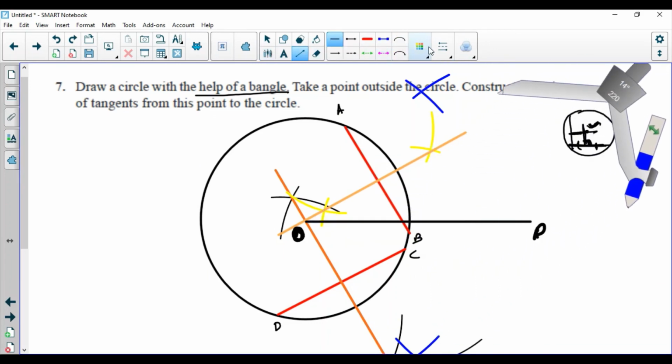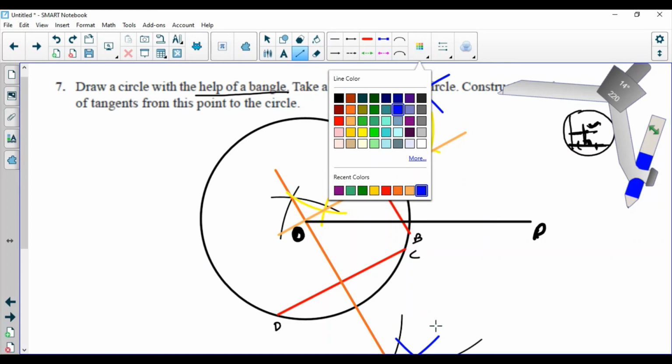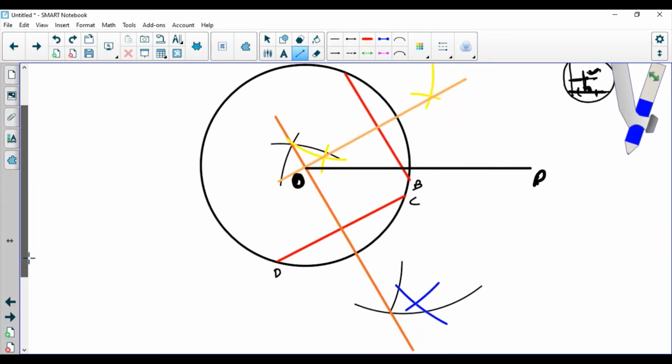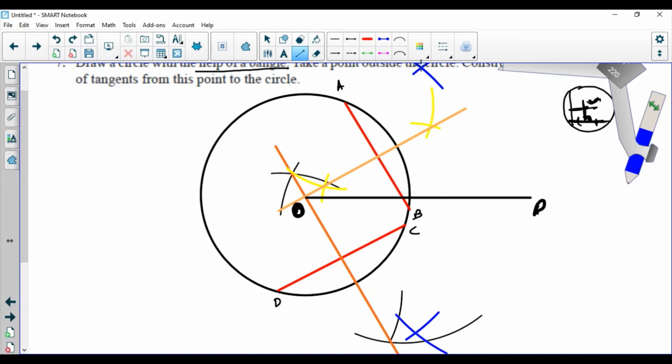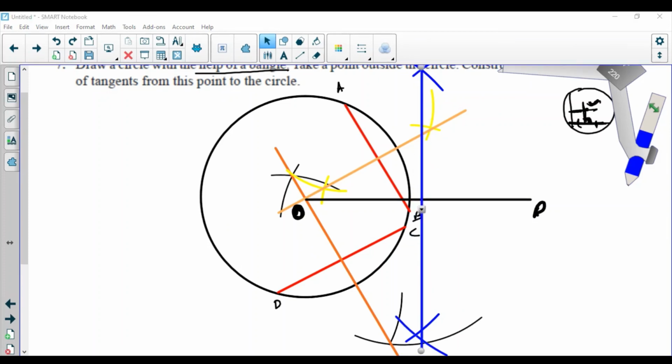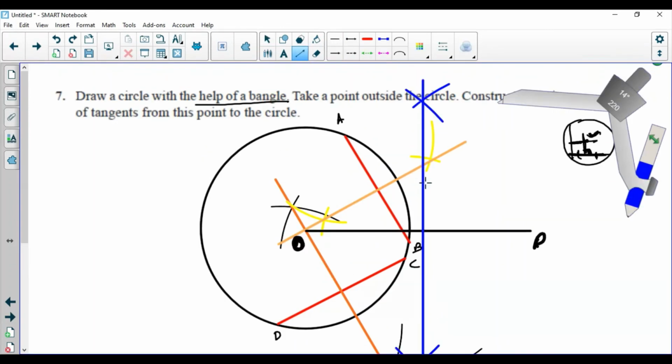Join them. So this point will be our M point.